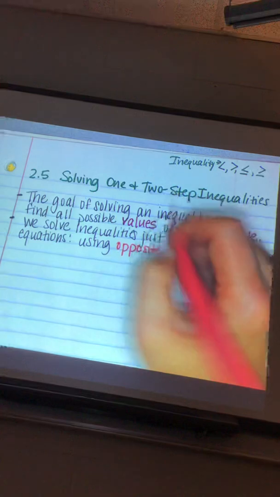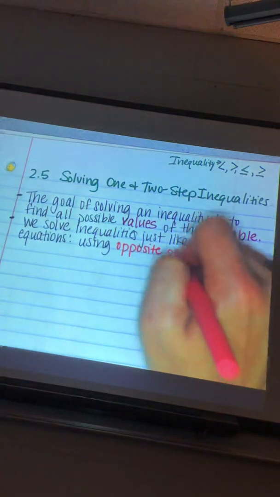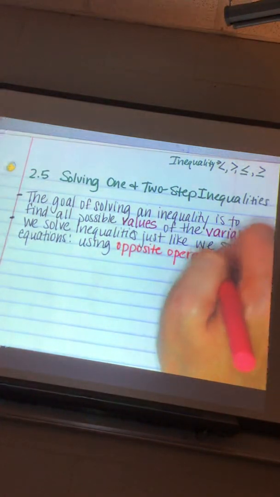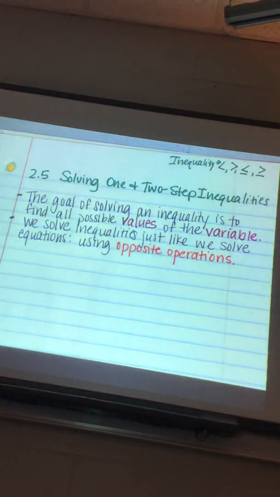So you know what I'm talking about when I say that, right? By undoing addition, you use subtraction. By undoing division, you use multiplication. That's what we mean by opposite operations. Okay? And here's the third point.